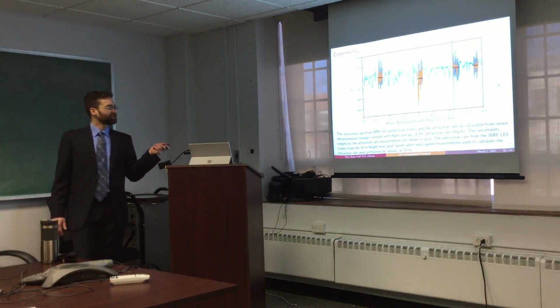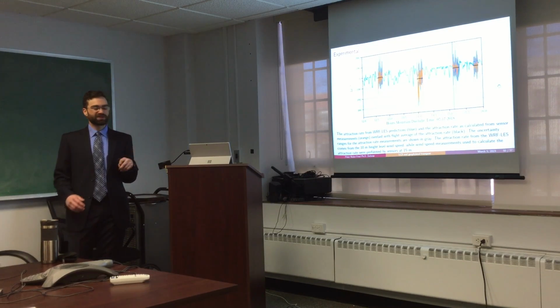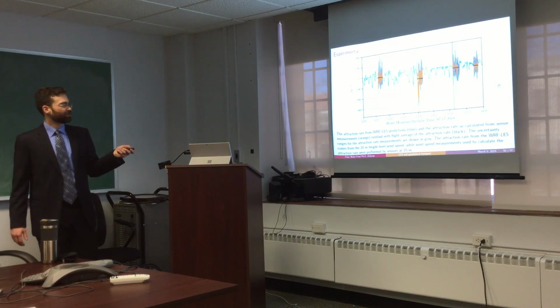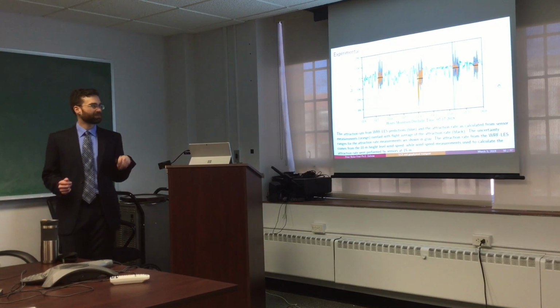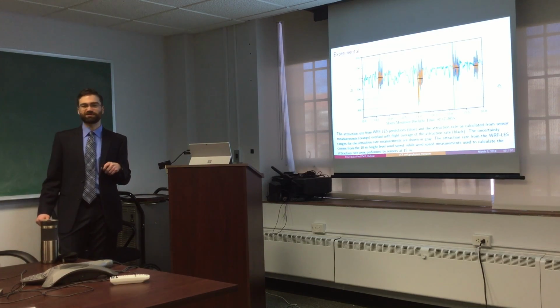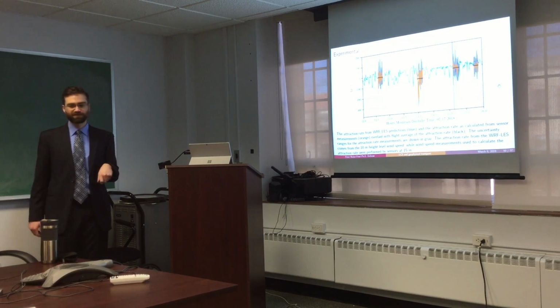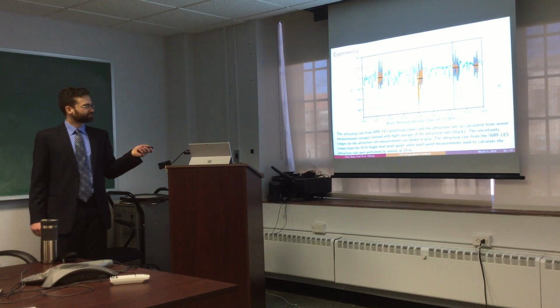This shows the attraction rate. In blue is the numerical weather simulation, the orange is the experimental measurements, and the gray is just some uncertainty bounds that we put on it.